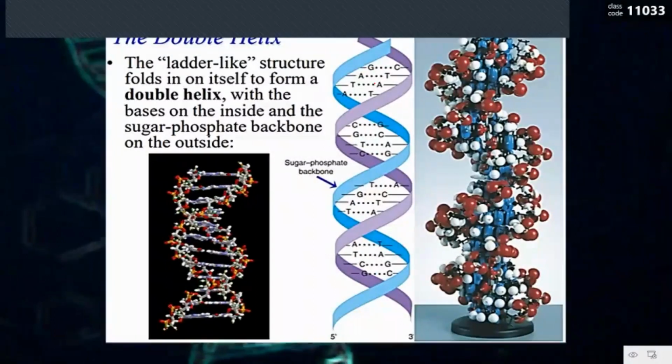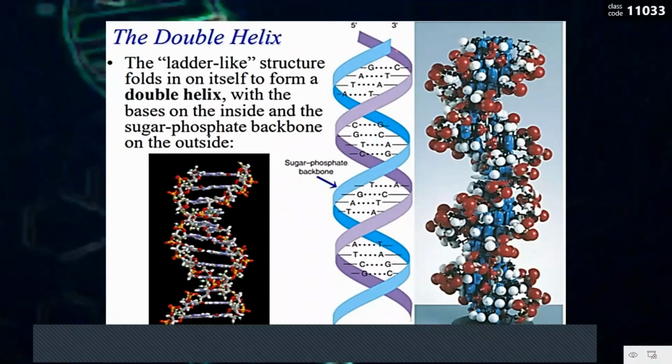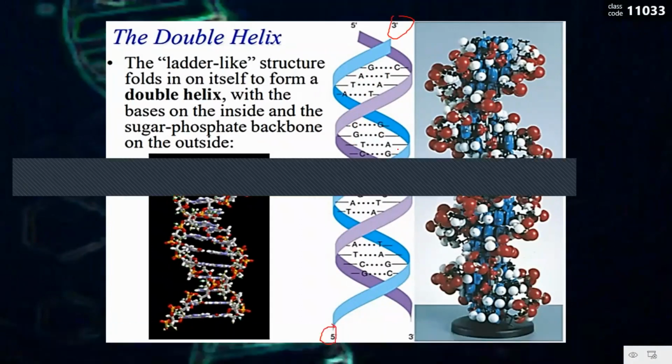And in turn, ito rin yung dahilan kung bakit we form a double helix. For double helix, we have two strands of nucleic acid, the blue one and the violet one. So, yung blue is 3 to 5. Then, yung ating violet is 5 to 3.